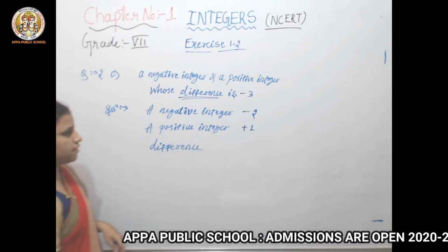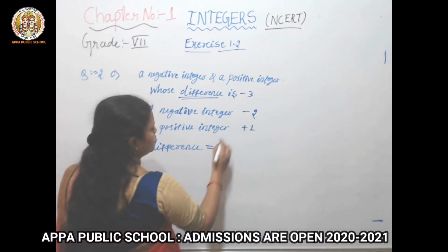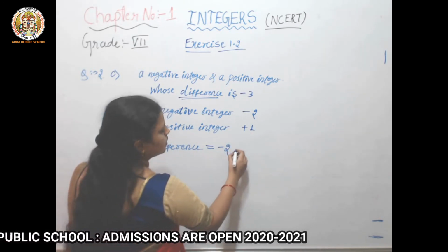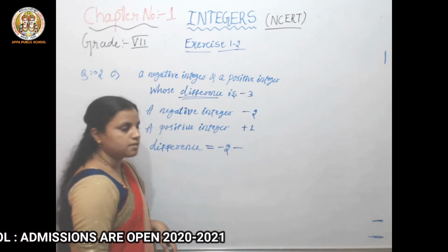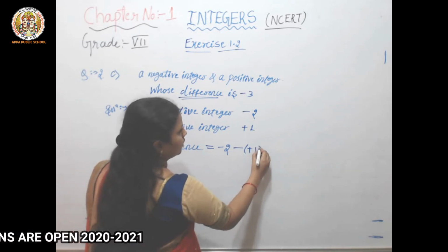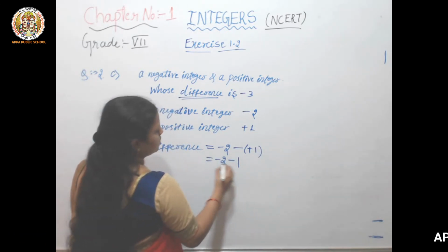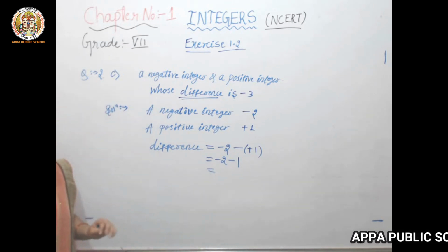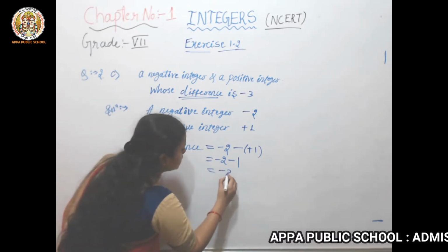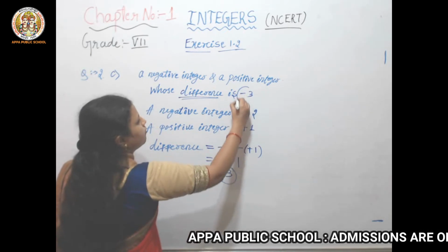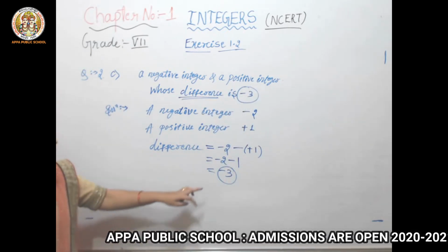So, the difference as minus 2 minus of plus 1. Difference means it should be minus plus 1. Now, minus 2, plus into minus as minus 1. Minus 2 minus 1 is minus 3, which is our required condition, minus 3.